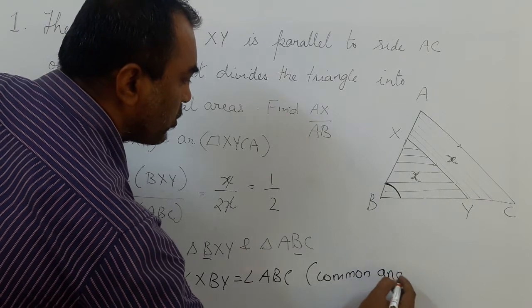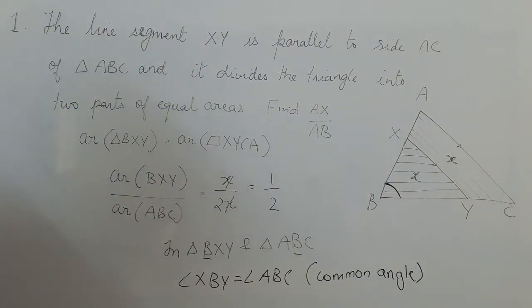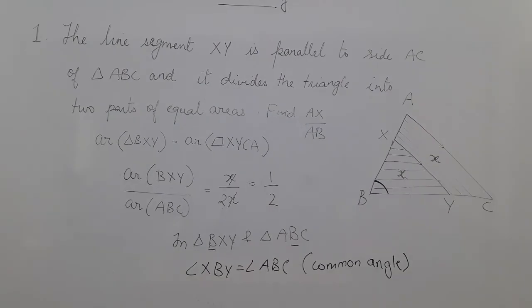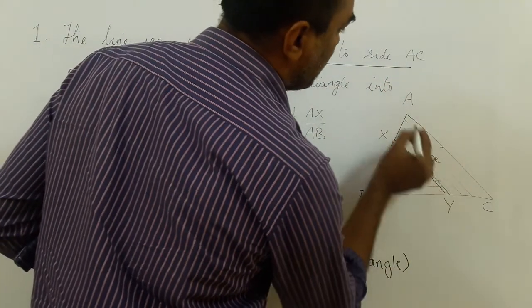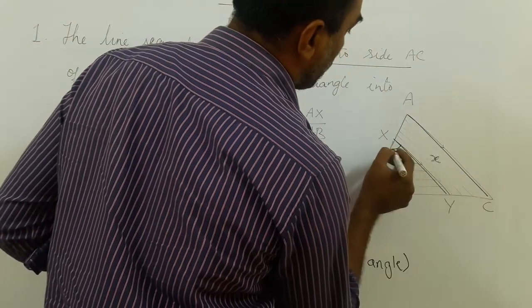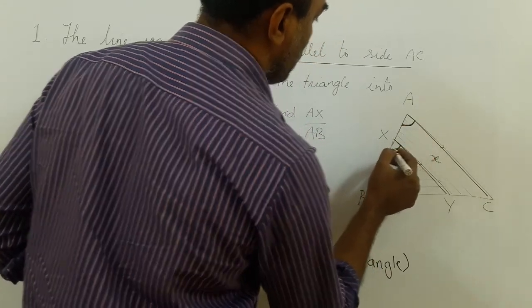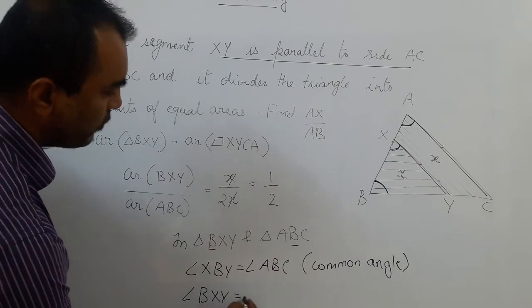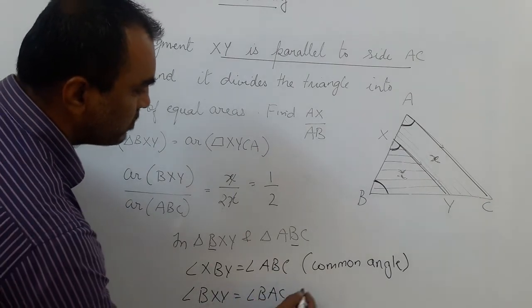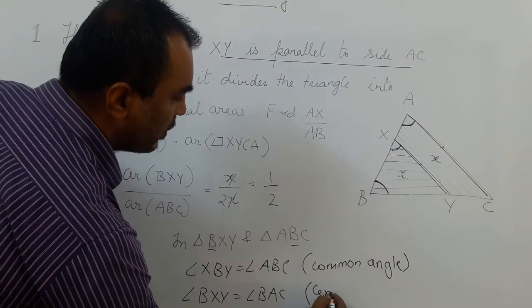This is a common angle. And also we have XY parallel to AC. So if XY is parallel to AC, the corresponding angles are equal. So I can write angle BXY equal to angle BAC. So I write here corresponding angles.